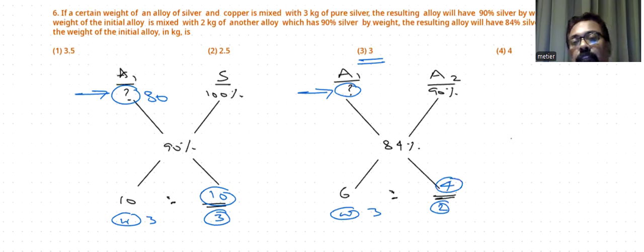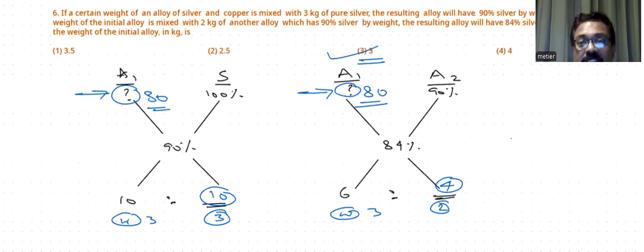Now 84 minus 4. Oh, we are very much lucky. The data are this supportive. Here it is 80, here it is again 80, which means what we have assumed is 100% correct. Our answer is 3 only. That's all.